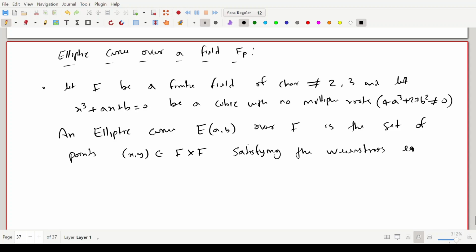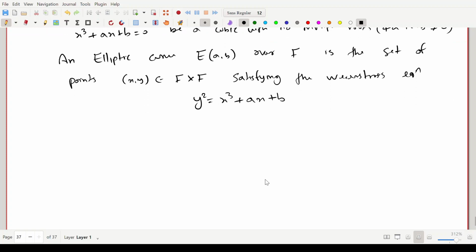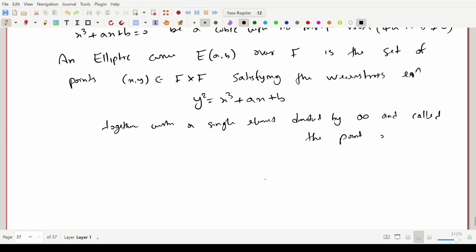What is the Weierstrass equation? y square is equal to x cube plus ax plus b, okay, together with a single element denoted by infinity and called the point at infinity.